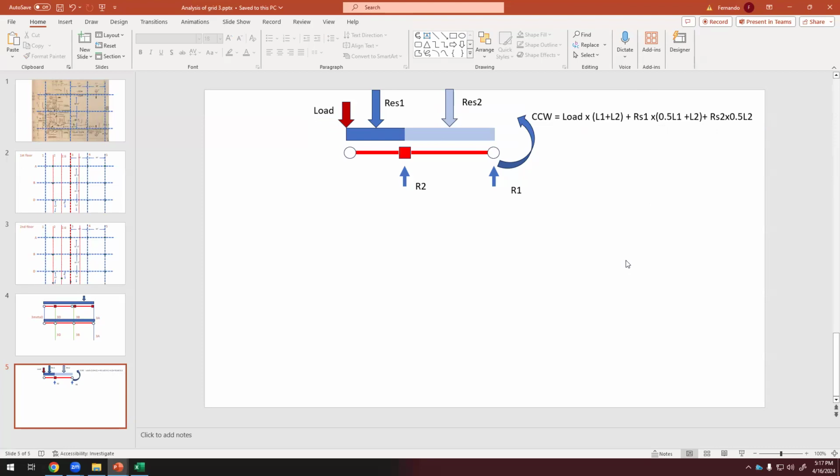Okay, so this is the counterclockwise rotation: the red load times the whole distance, L1 plus L2. Resultant 1 times this distance, half L1 plus L2. And resultant 2 times 0.5 L2.